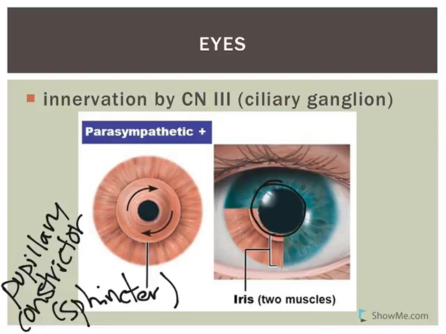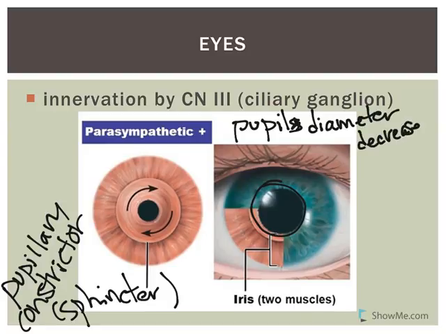When it contracts, it causes the pupil diameter to decrease, allows less light in the eye. So pupillary sphincter muscle contraction decreases the diameter of the pupil. Now this muscle is innervated by the oculomotor nerve.